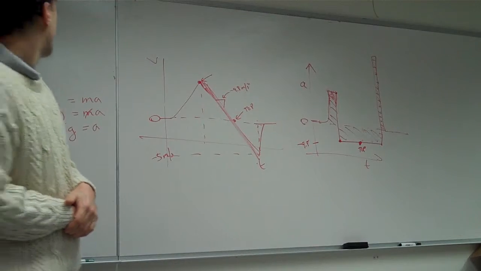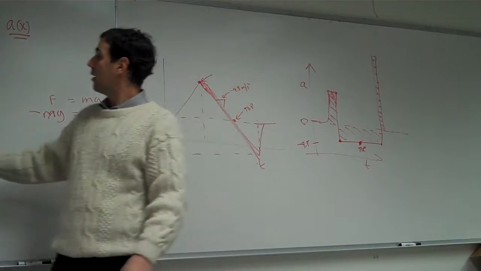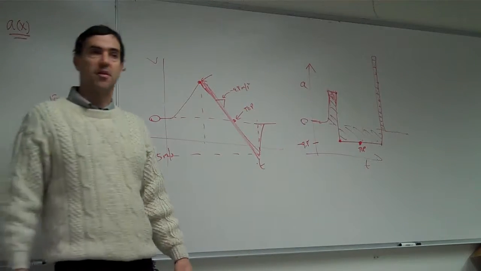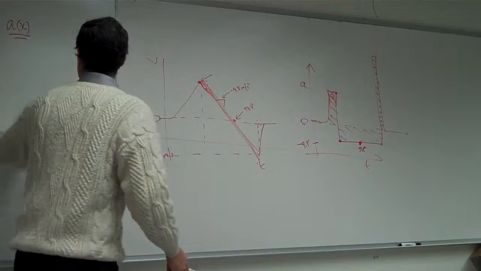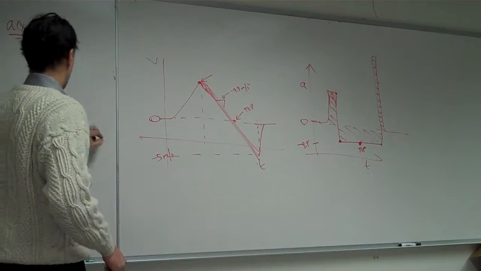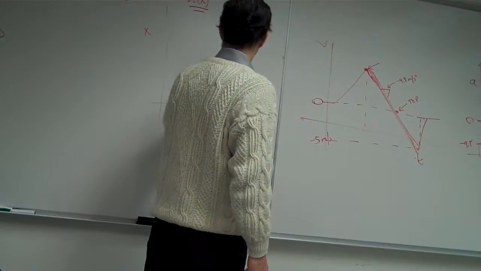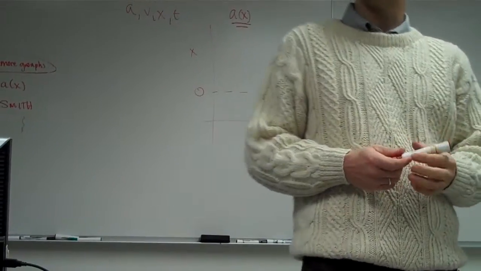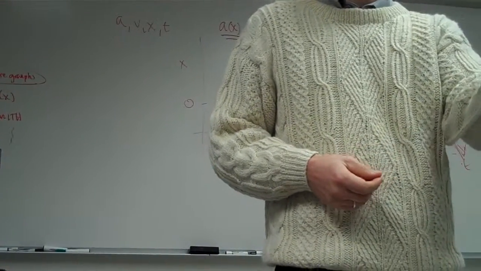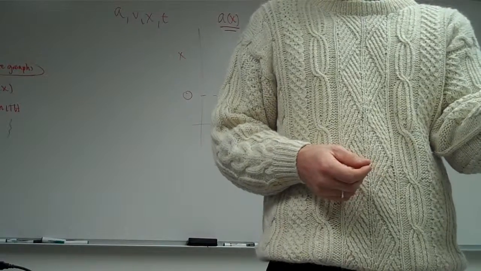All right. Let's make a graph of position versus time, and then we'll move on to acceleration as a function of x. Let's say that when I am first holding the marker at rest, that corresponds to position 0.